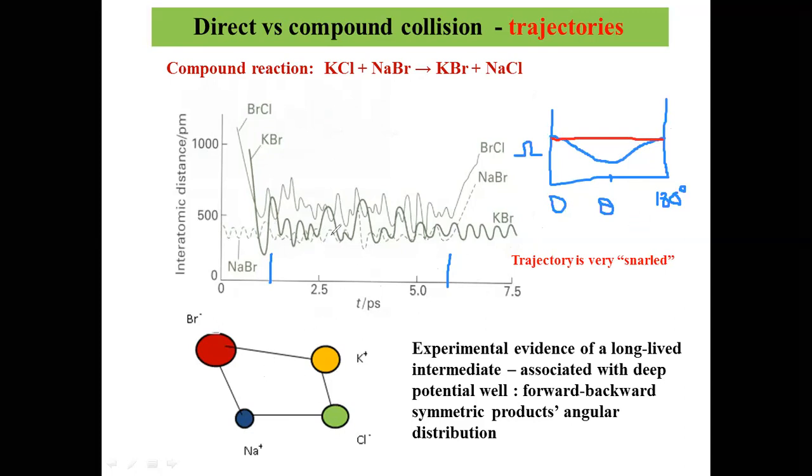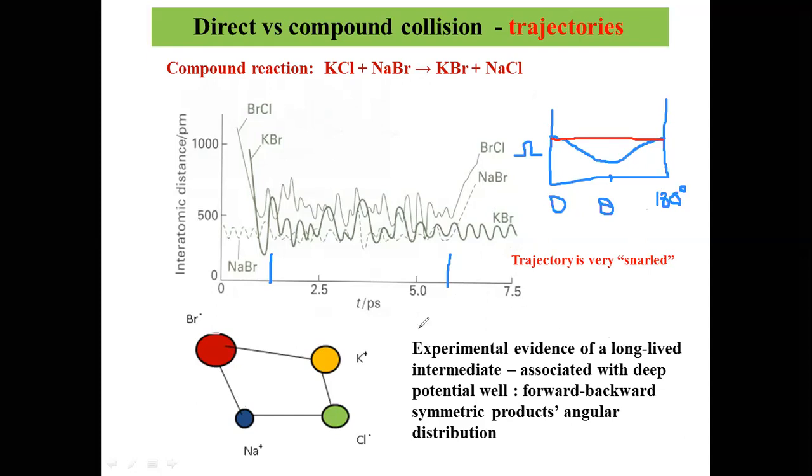and the lifetime is more than the rotational period, because it does not remember whether it came from KCl plus NaBr or NaCl plus KBr. So that's why the scattering is going to be symmetric from 0 to 180 degrees. These are all things we discussed previously also.